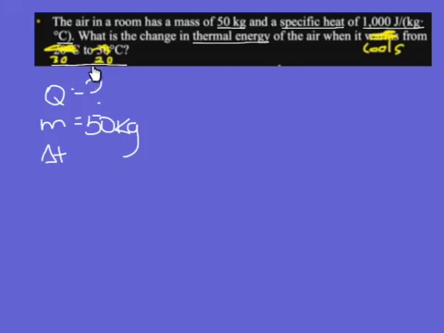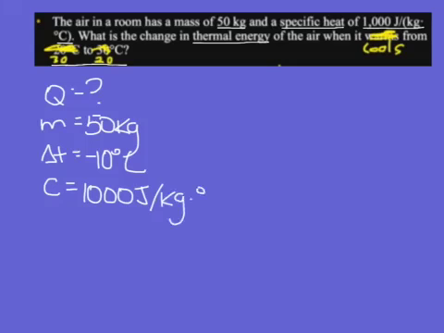So 20 minus 30 is negative 10. So the change in temperature is negative 10 degrees Celsius. And then the specific heat is right here, that funky little unit number, and it's 1,000 joules divided by kg times degrees Celsius.